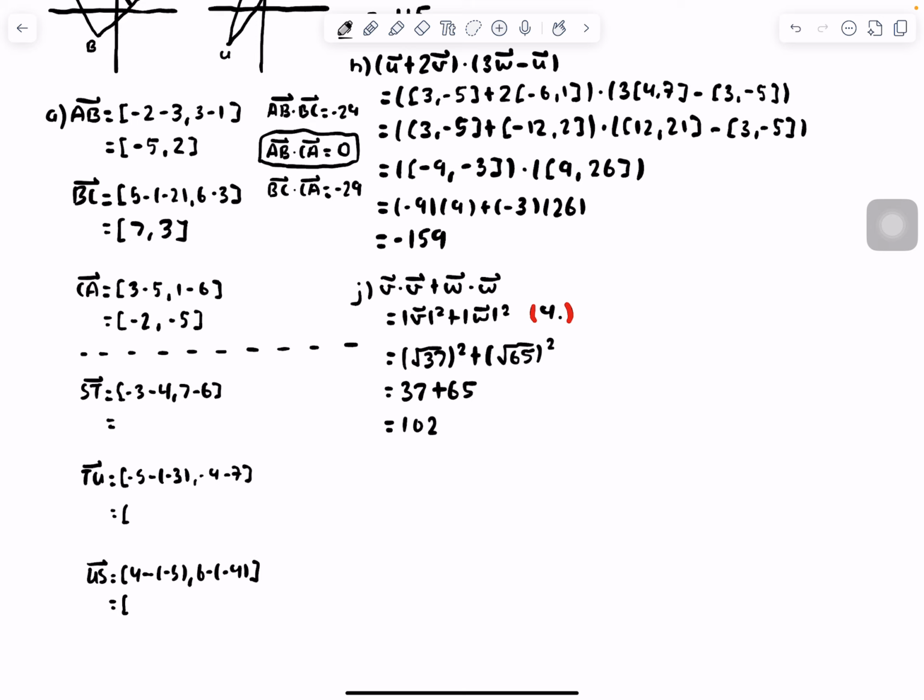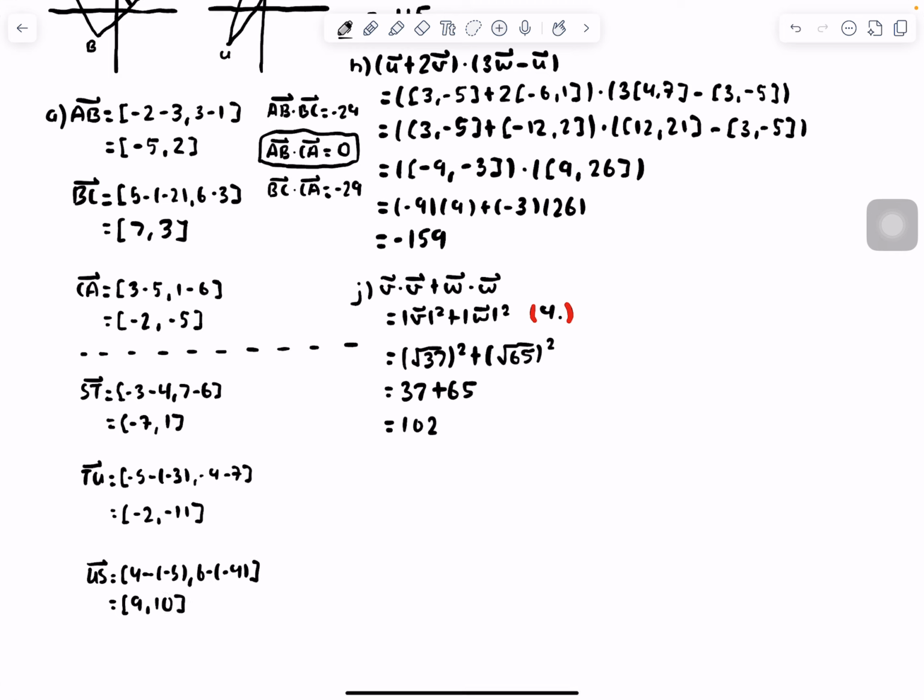Now let's calculate all these position vector side lengths. Negative 3 minus 4 is negative 7. 7 minus 6 is 1. Negative 5 minus negative 3 is negative 2. And negative 4 minus 7 is negative 11. 4 minus negative 5 is 9. 6 minus negative 4 is 10.